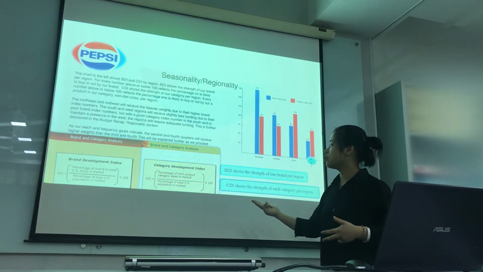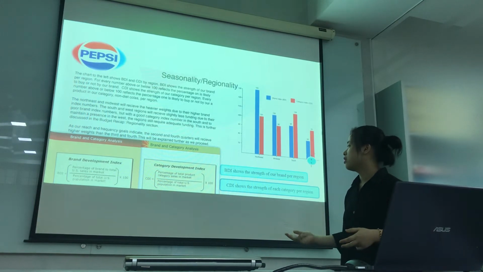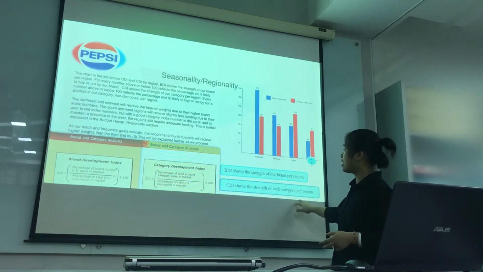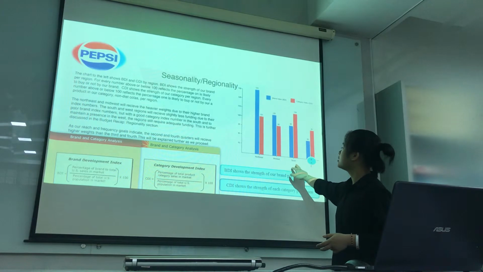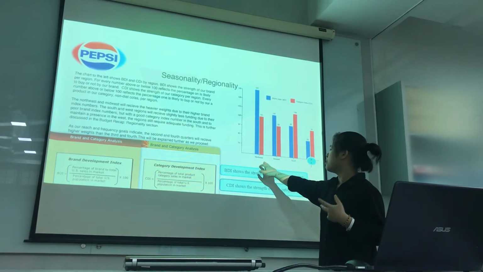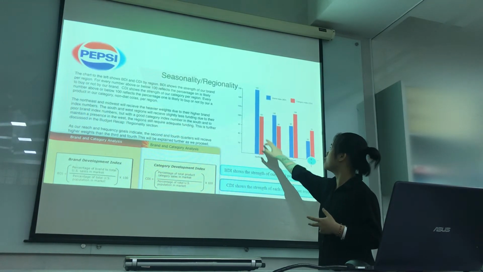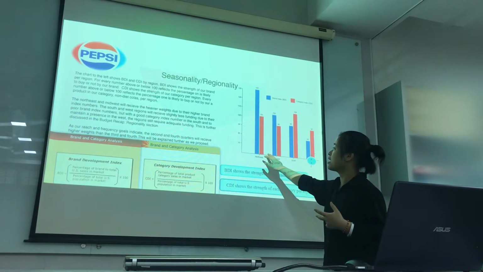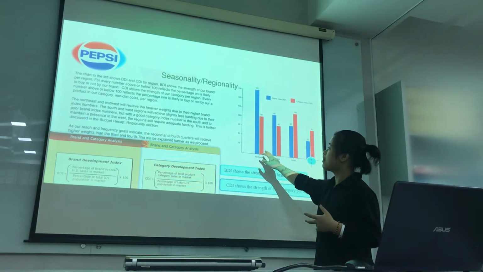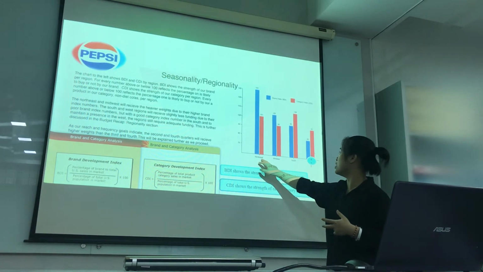The category index is the same as BDI, it just changes the numbers. And here you can see that the Northeast is a very potential market for Pepsi to invest in. It has both BDI and CDI above 100. It means that they have heavier weight and their brand is strong in this region.